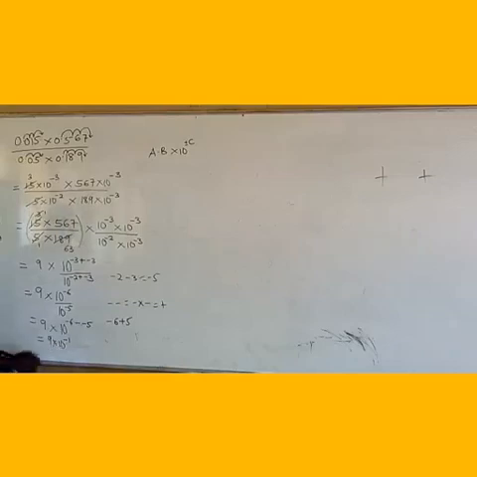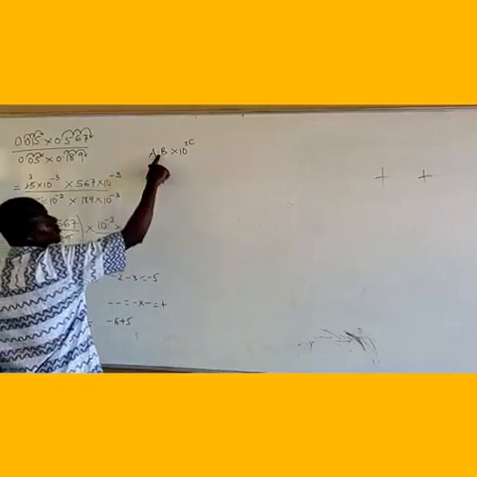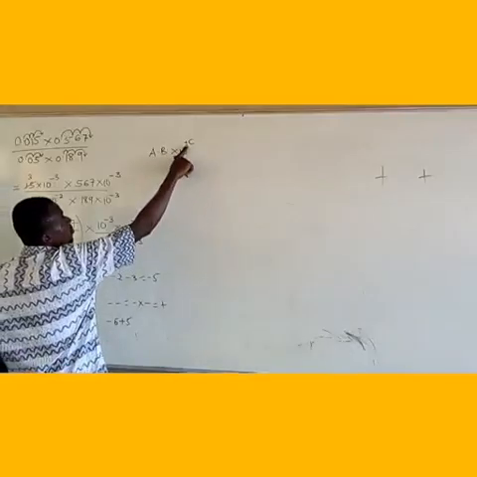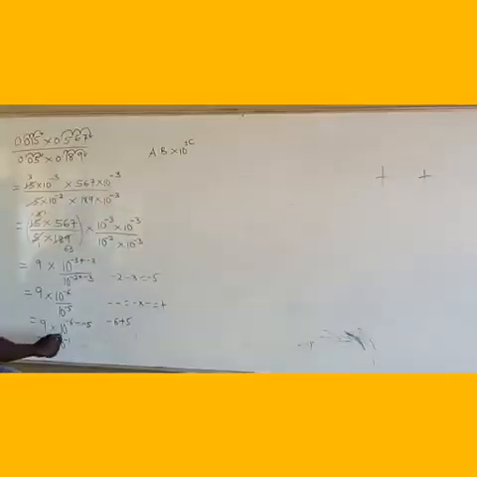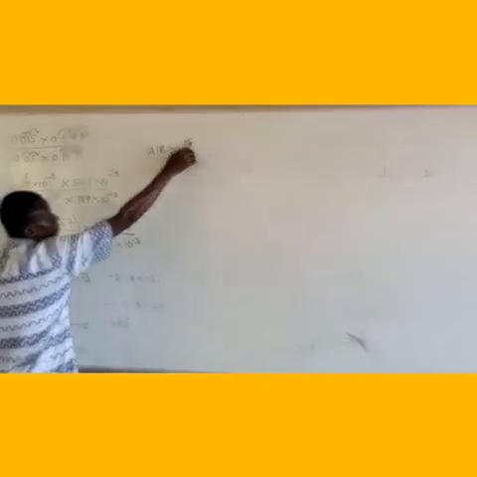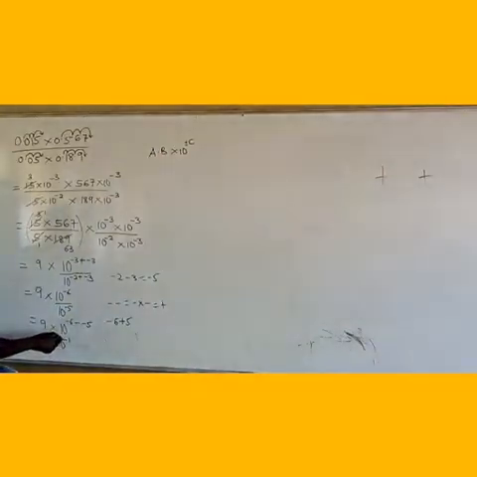Now we have to write this in standard form, in the form a.b times 10 raised to the power plus or minus c. Okay, here we are fortunate. We have 10 raised to the power -1, and the number here is only a single digit.